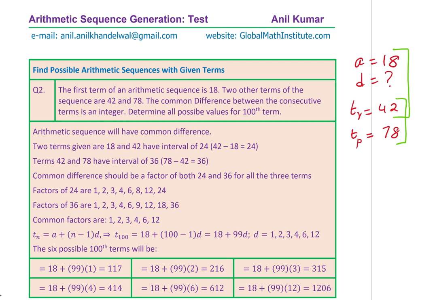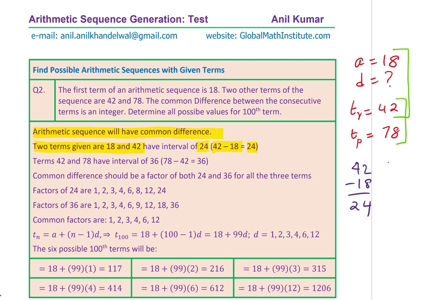So as I was saying, we know that the arithmetic sequence has a common difference. The two terms given to us are 18 and 42, where 18 is the first term, right? So what is the interval between 18 and 42? Well, 42 minus 18 is 24.